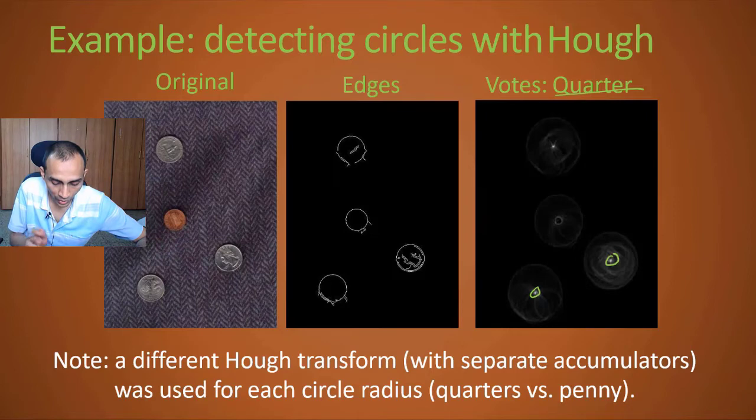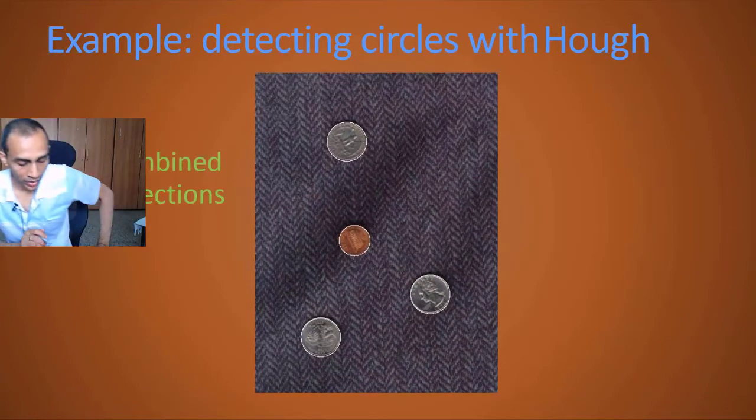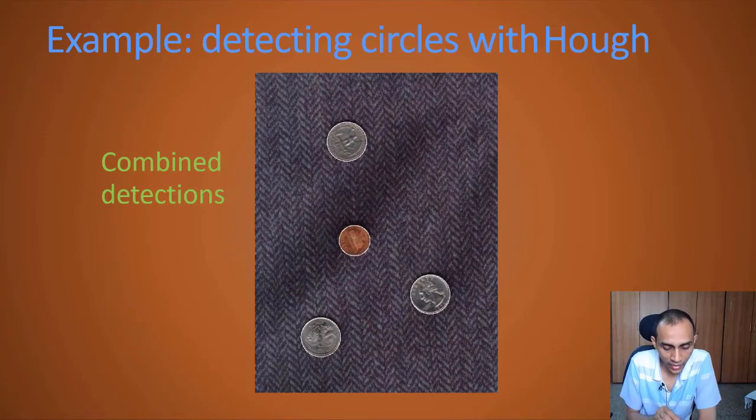So you have to run it two times, probably one with radius 1 and another with radius 2, and then combine those detections. You will be able to detect all the circles. So that is one approach. If you know the objects are circles and they have different radii, and if you have some estimation of the radius using some prior knowledge, then you can do it this way. That is one approach. But in general, radius will not be known.